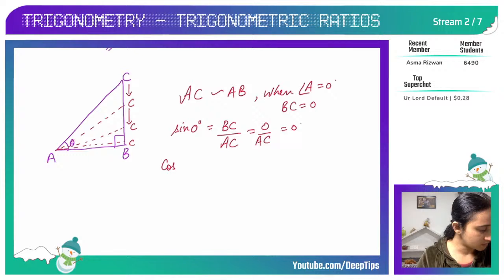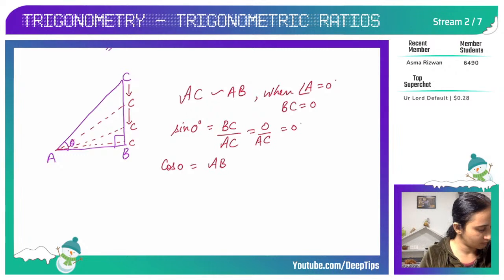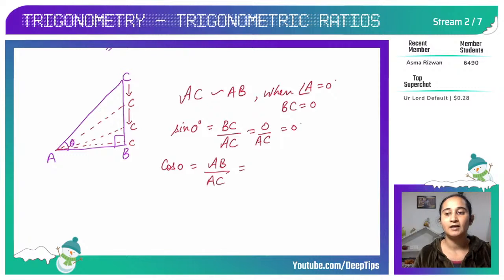And what about cos 0? Cos 0 is base upon hypotenuse. So AB upon AC. And we know that AB and AC have coincided. They are almost equal. So when AB and AC are equal, they both get cancelled and it is equal to 1.